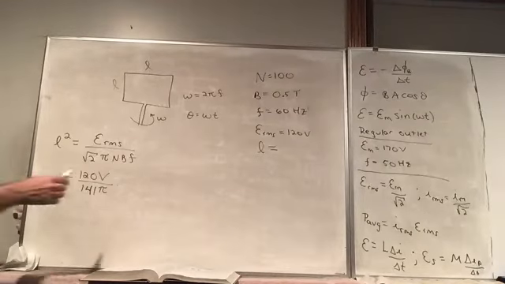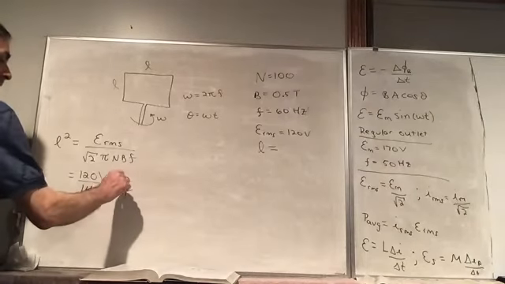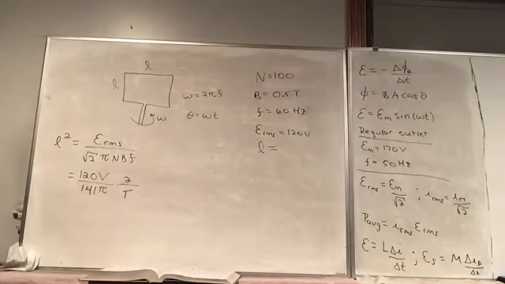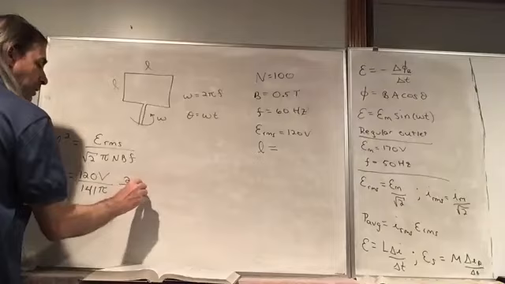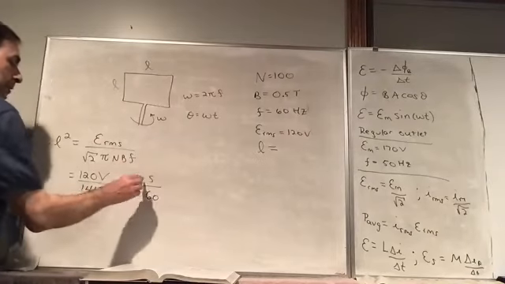Now B is 0.5 Tesla. I'm going to write it as 1 Tesla over 2. And then we have frequency, 60 hertz, which is cycles per second.